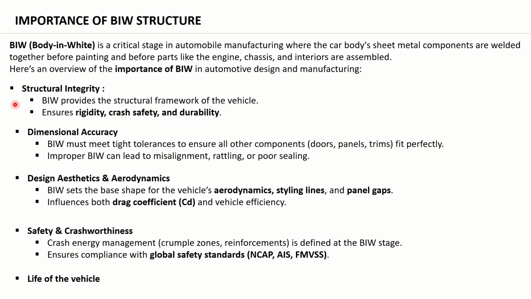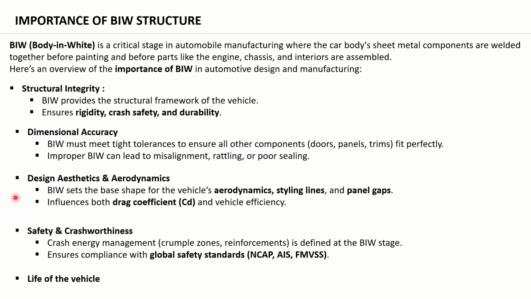It provides a structural framework to the vehicle and ensures rigidity, crash safety and durability. It also provides dimensional accuracy. All the components that get assembled using fasteners on the BIW reinforcement, like doors and panels, get whatever dimensional accuracy is required from the BIW structure.